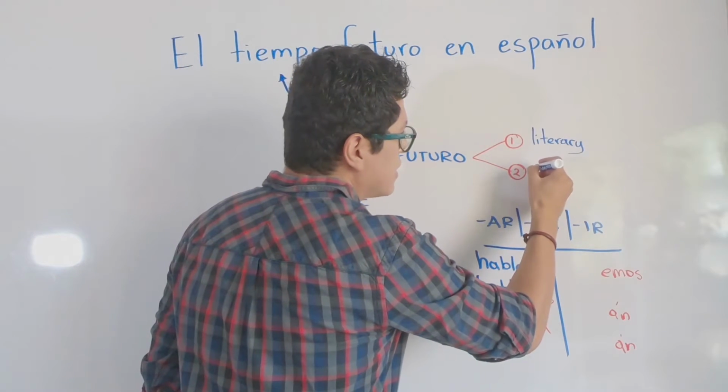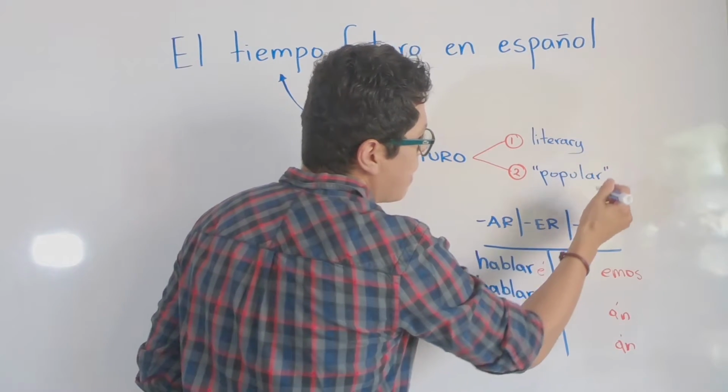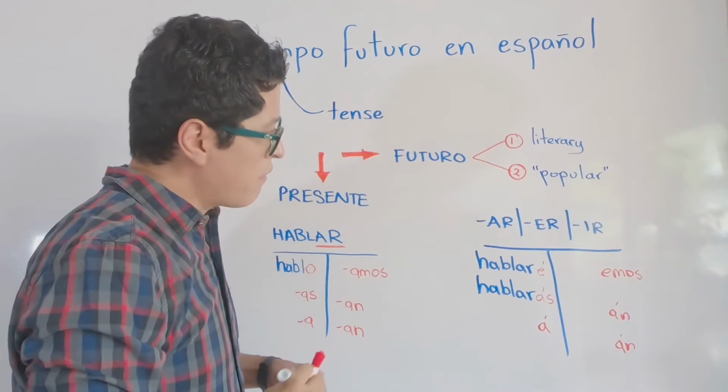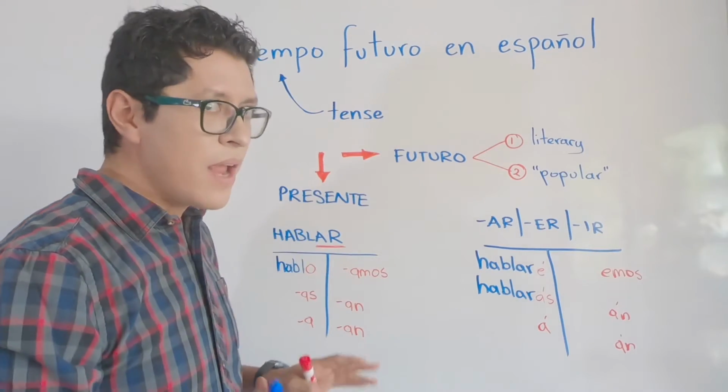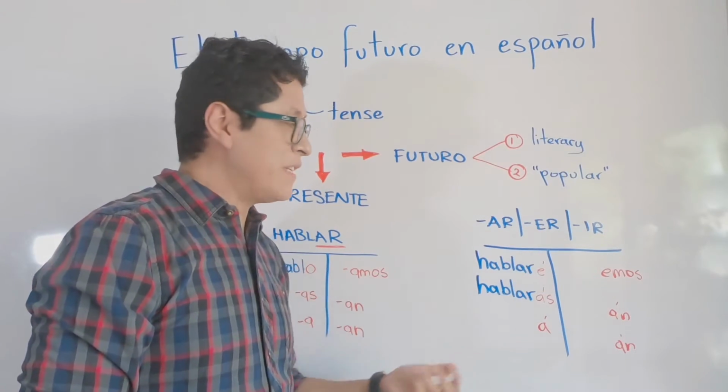And this other one is the popular one, the one that everybody loves. Among the tenses, everyone likes the future because it's so easy to make, right?